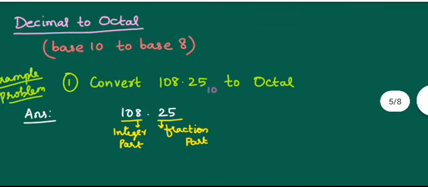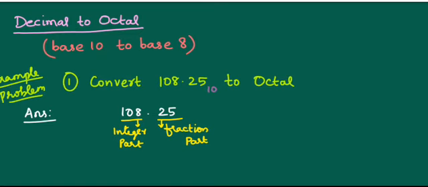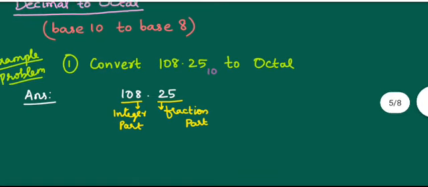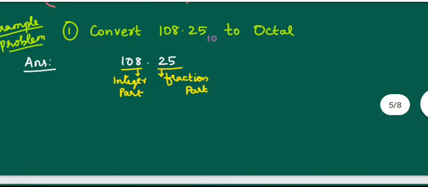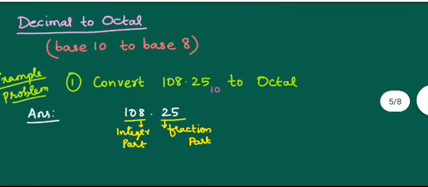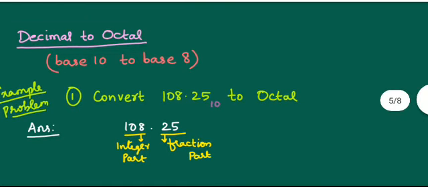Next, decimal to octal, base 10 to base 8. Convert 108.25 to octal. The same method we followed in the previous problem, we follow here also. Previously we converted into binary, so the base value was 2.